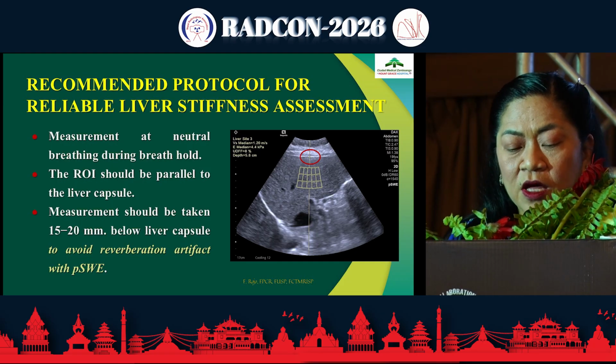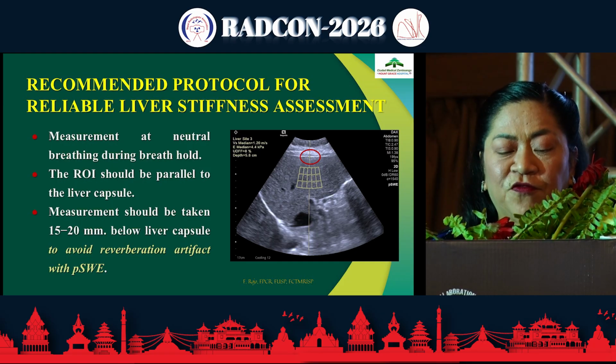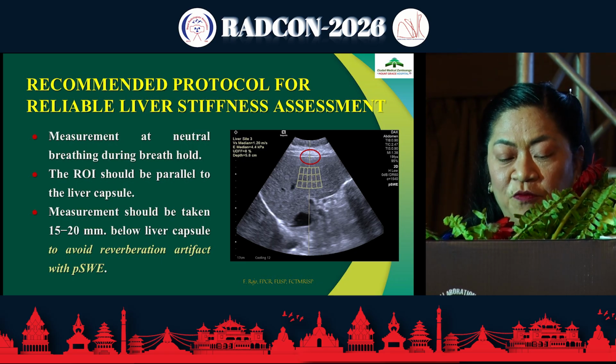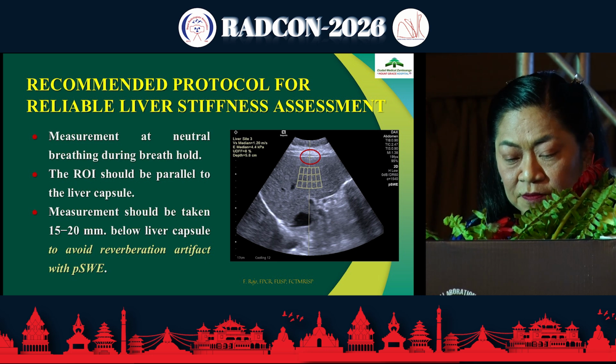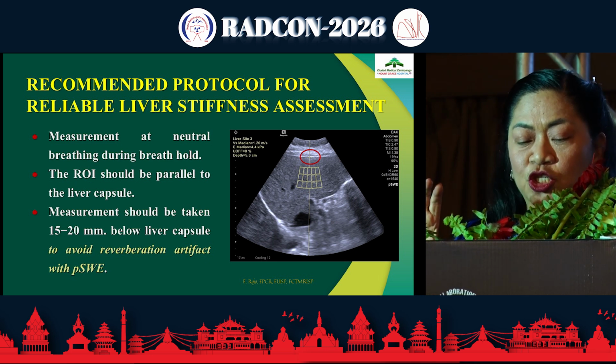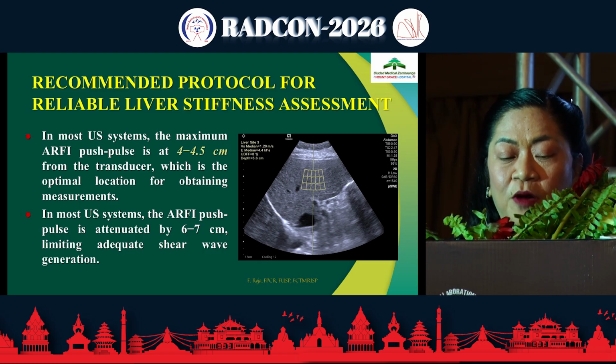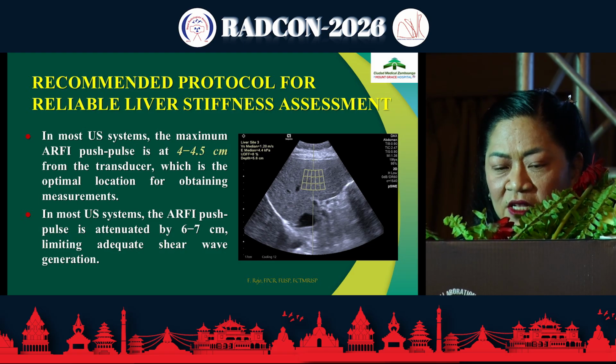Then the measurement should be taken 1.5 to 2 cm below the liver capsule to avoid reverberation artifact. And the area should be 4 to 4.5 cm from the transducer. If you go down to 6 to 7, more likely you wouldn't have good results.